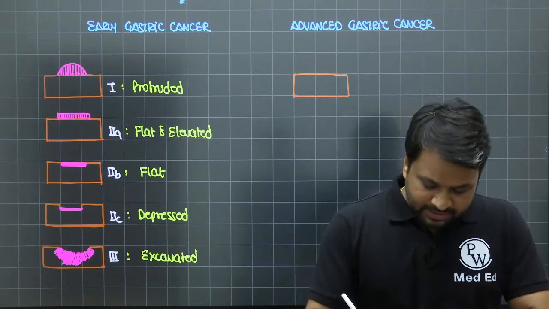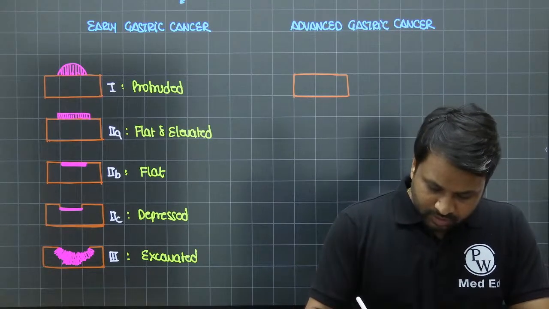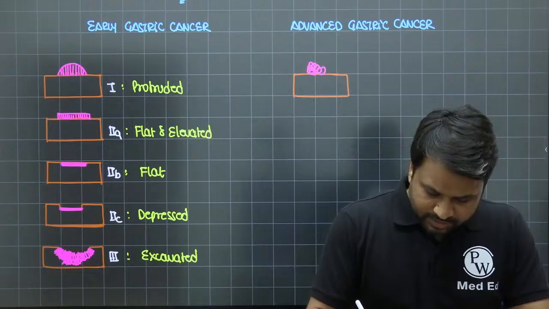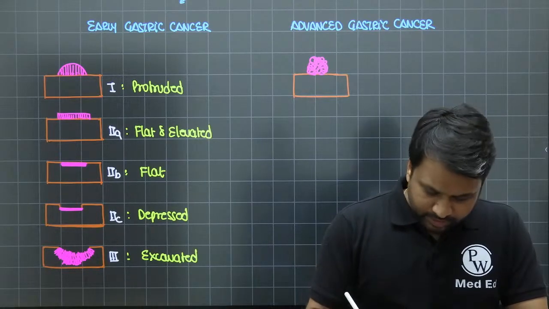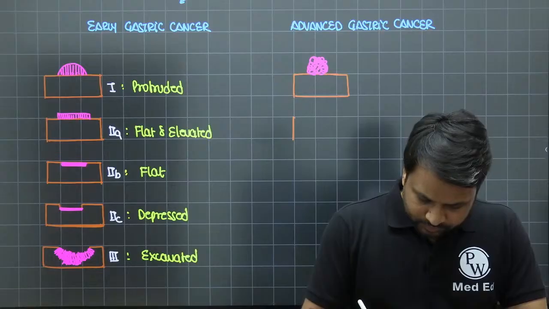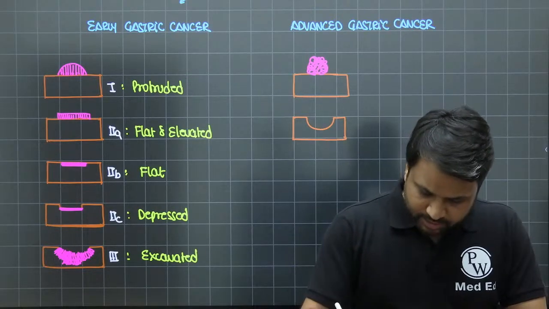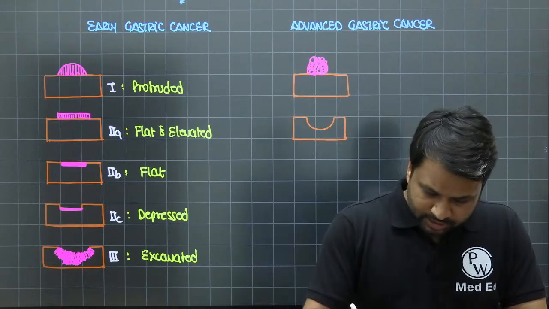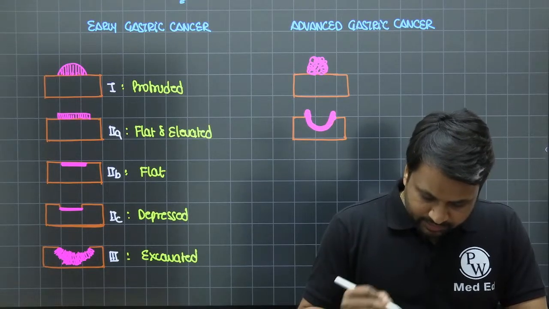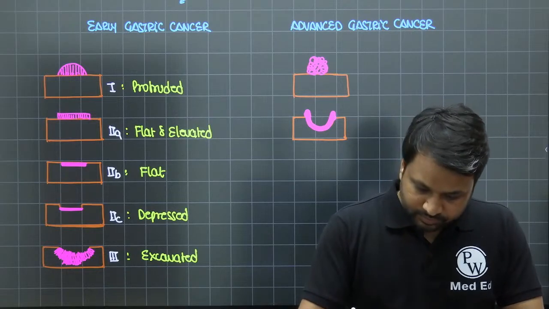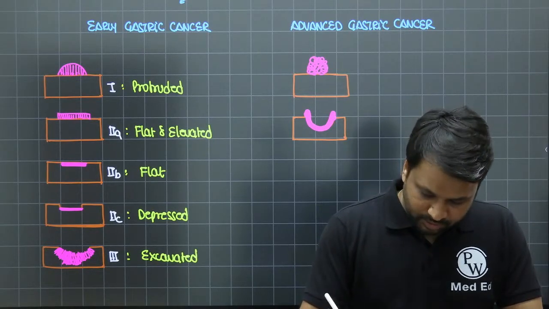So in an advanced gastric cancer, you have one where you have this type of growth pattern. Then you have an ulcerated lesion present here. Now this ulcerated lesion is slightly interesting because you will have the ulcerated, then elevated margin.